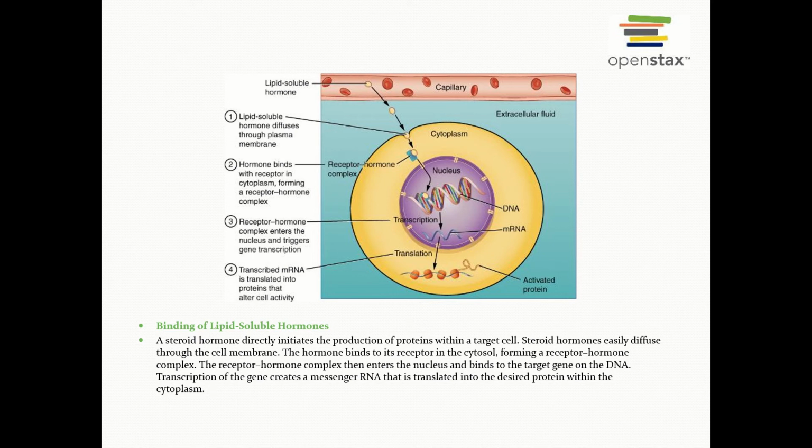Steroid hormones easily diffuse through the cell membrane. The hormone binds to its receptor in the cytosol, forming a receptor hormone complex. The receptor hormone complex then enters the nucleus and binds to the target gene on the DNA. Transcription of the gene creates a messenger RNA that is translated into the desired protein within the cytoplasm.